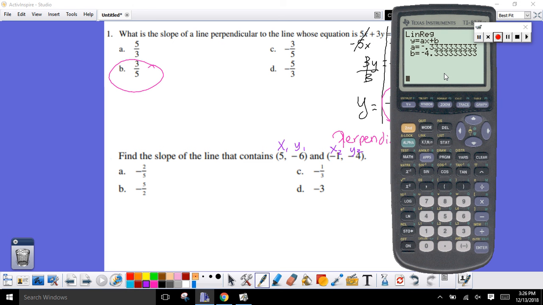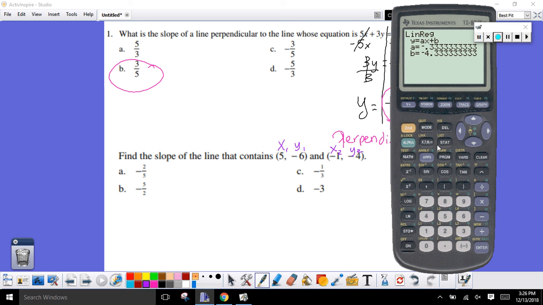So now notice how my answers are in decimals, and I want a fraction. So what I'm going to do is get my slope. Remember, the slope is the one with the x, so it's going to be this one right here, the a, because it's the one in front of the x. My slope is negative, so I know that much: negative 0.33333.